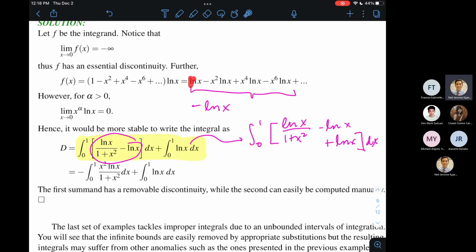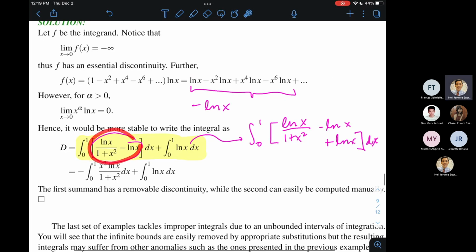So, ibig sabihin, mawawala lang tong first term, matitira ito. Tapos yung limit nito as x approaches 0 ay magiging equal lang kay 0. So, yung discontinuity nung first integrand, namely ln x over 1 plus x squared minus ln x, ay removable na lamang sa x equals 0.